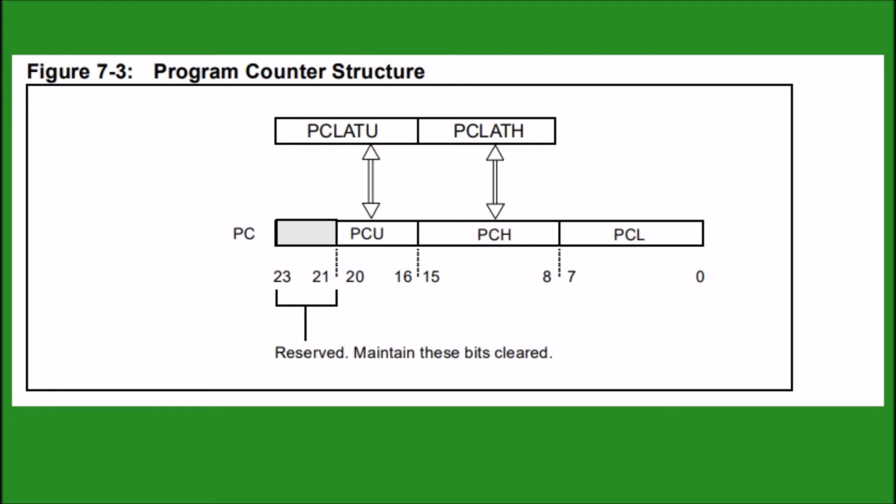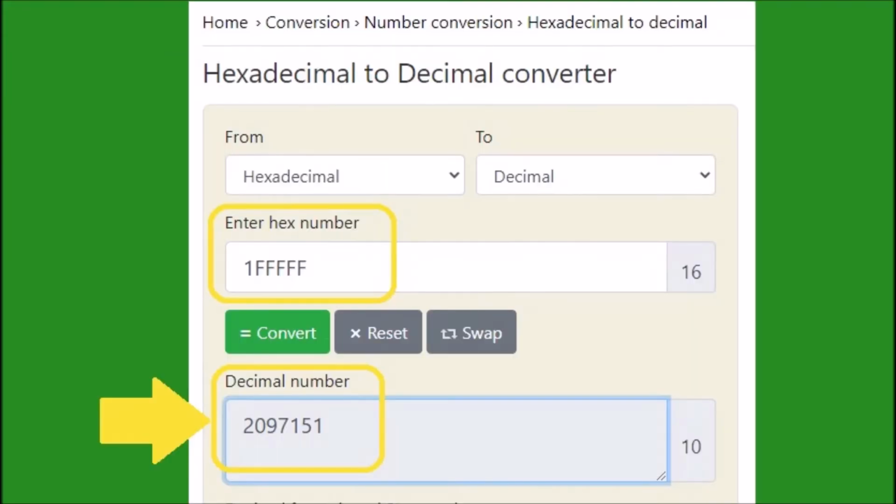As I have read, the 21-bit program counter allows access to program addresses up to a decimal quantity of around 2 million. On screen, hopefully, I can show you the hexadecimal to decimal conversion.